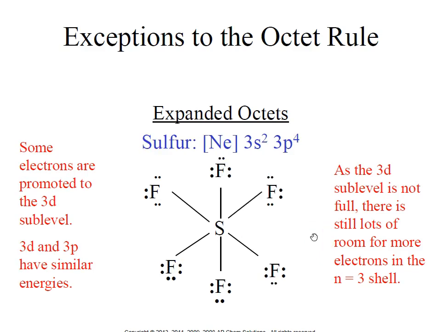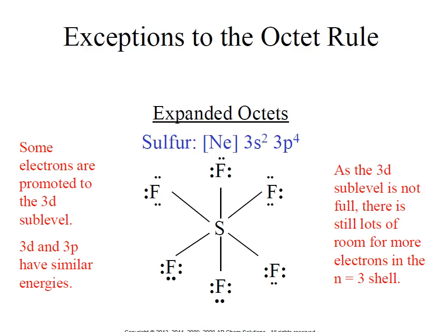Sulfur can do the same thing. So this is sulfur hexafluoride. Those 6 fluorines around sulfur mean that it has 12 electrons around it. And so again, those extra electrons could go into the 3d sublevel.